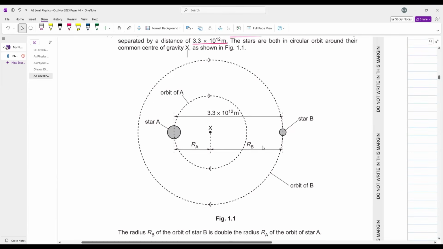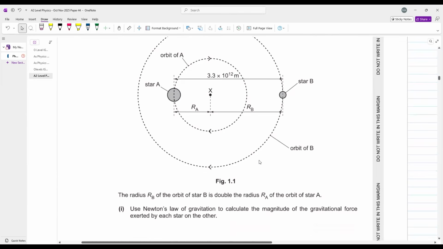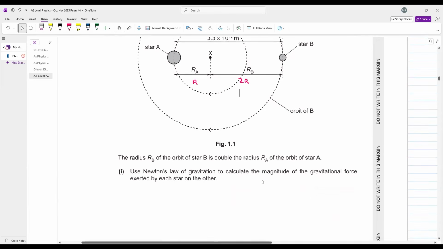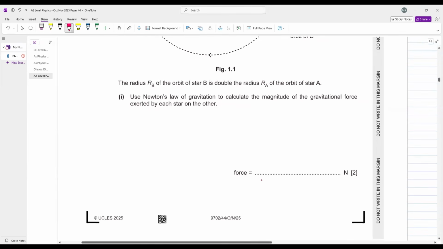The radius RB of the orbit of star B is double the radius RA of the orbit of star A. So if this is your radius R, this will be your radius 2R. Use Newton's law of gravitation to calculate the magnitude of gravitational force exerted by each star on the other.